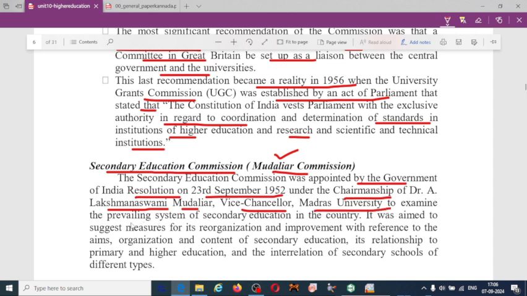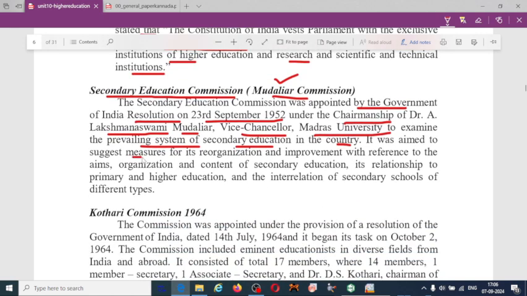It was to examine the prevailing system of secondary education in the country and suggest measures for its reconstruction and improvement, with reference to aims, organization and content of secondary education in relationship to primary and higher education. College level education we can say.